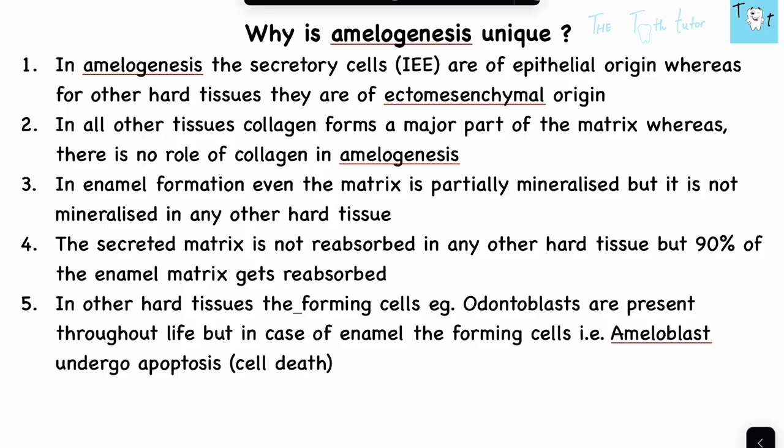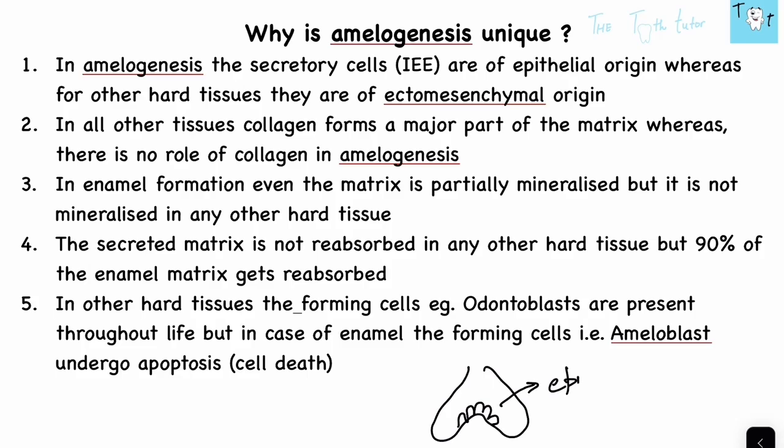So what this means is that we studied the enamel organ, right? So the inner enamel epithelium was made from this enamel organ, which was epithelial in origin, okay? But then the dental papilla, which had odontoblasts, was ectomesenchymal in origin.